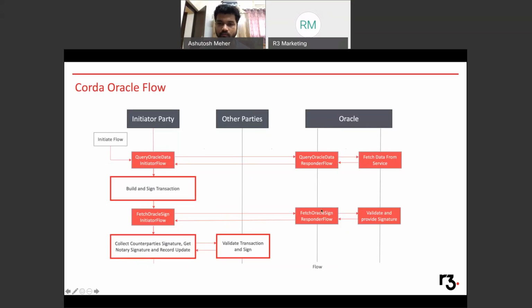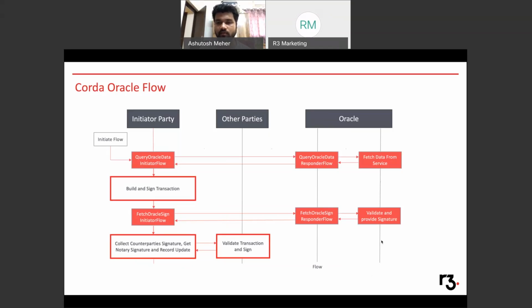So you can see this is a flow that's here, and then it's running a service as well. The flow is supposed to get requests for data, which is where the initiator party will actually query for some data. It will ask the Oracle for data, and that can happen within the context of flows, right? That's how you pass messages in a Corda network. So flows are what you use to pass messages.